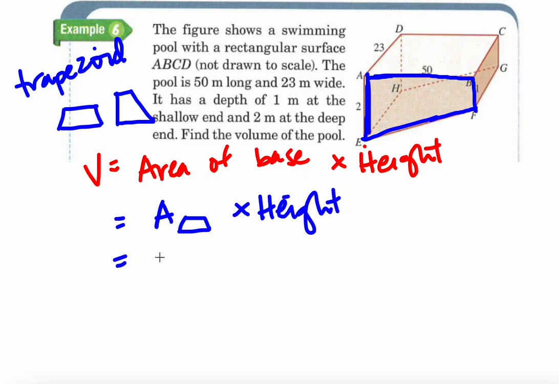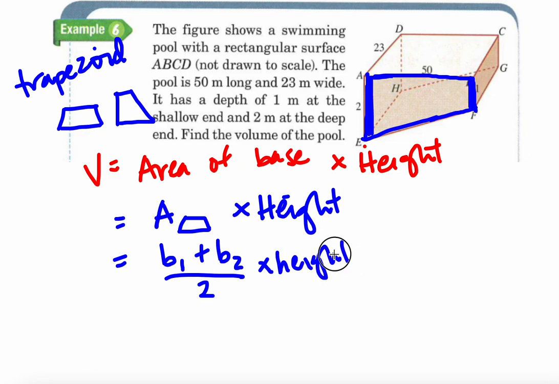Well, the area of a trapezoid has two different bases, this long one and the short one. The area of a trapezoid is the first base plus the second base, divided by 2 because you're trying to figure out their average, times the height. That's the area of a trapezoid. And then remember at the end, we still have to multiply by the height of the entire prism.